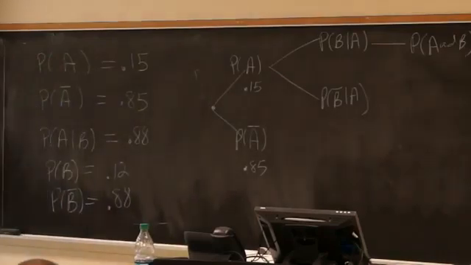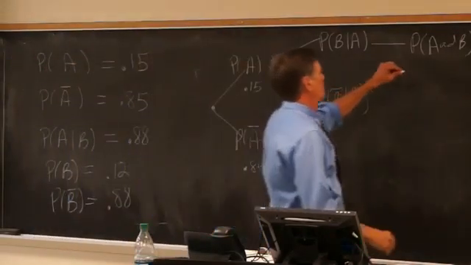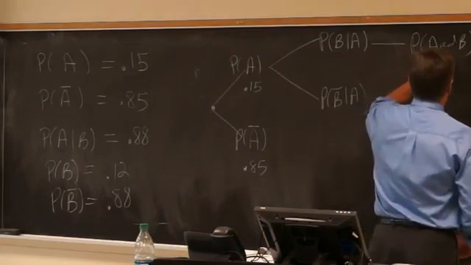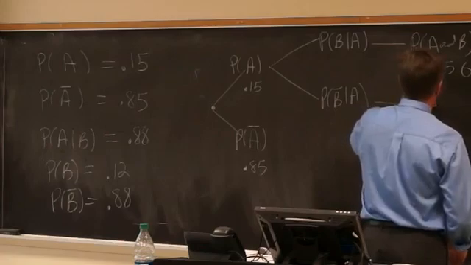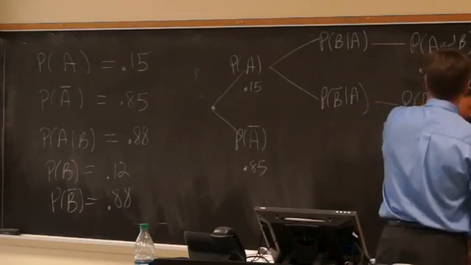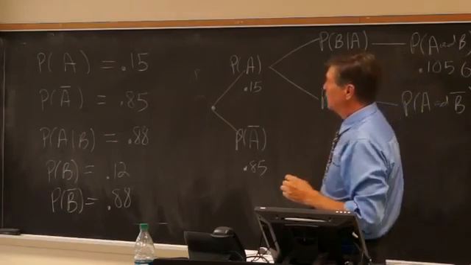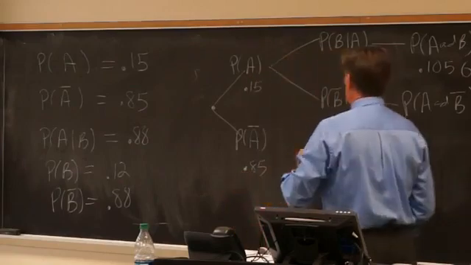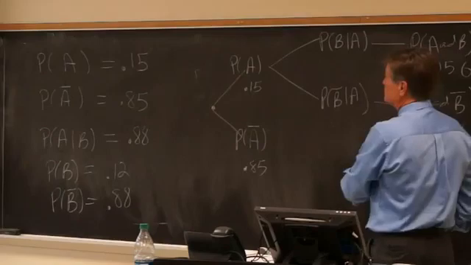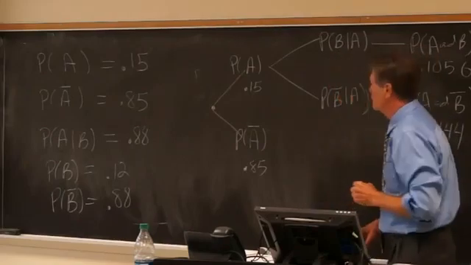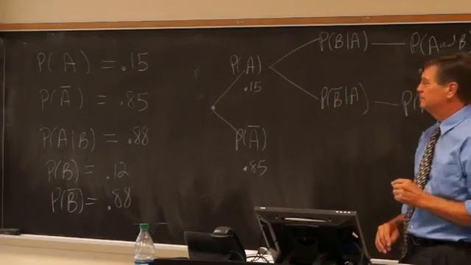Probability of A and B happening together, right there. 0.1056. And this would be the probability of A and not B. Do I have that on my chart? Sure do. What's that?